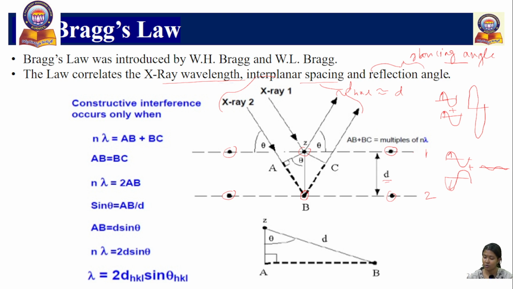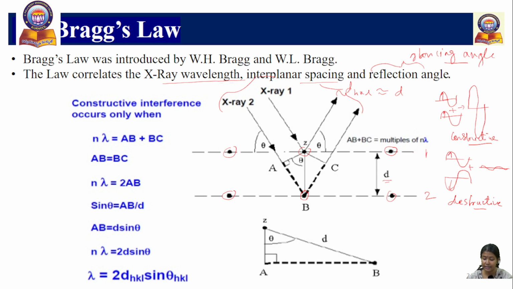So the first is called constructive interference, and the second is called destructive interference. Constructive means crest and crest come at a point. Destructive means crest and trough come at a point. So the resultant wave has high amplitude in constructive interference. In destructive interference, the amplitude of the resultant wave is reduced or sometimes not there at all.